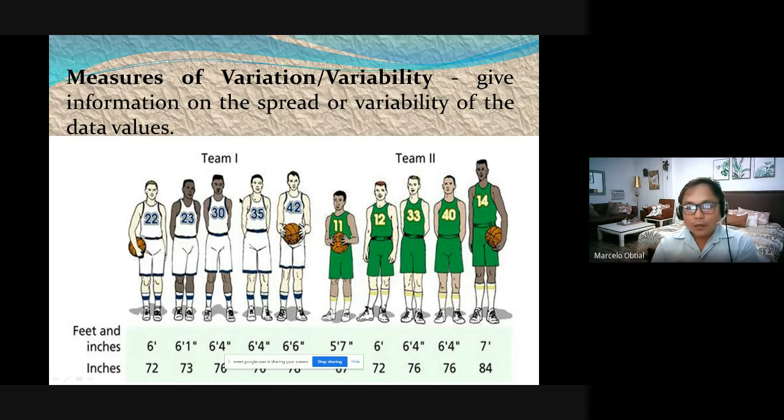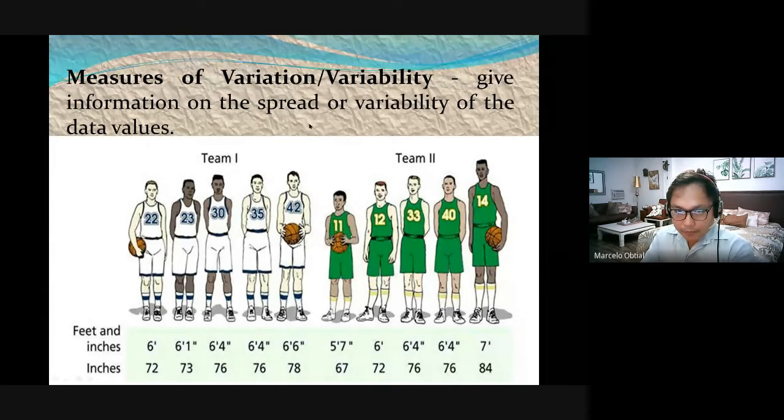Okay, so using their quantitative data, nandito sa ibaba class, hatiin natin, may imaginary line dito. If we will use yung ginawa ko kanina, I pick the highest or the largest datum. This is the tallest person, team 1, which is 78. The shortest person, 72.